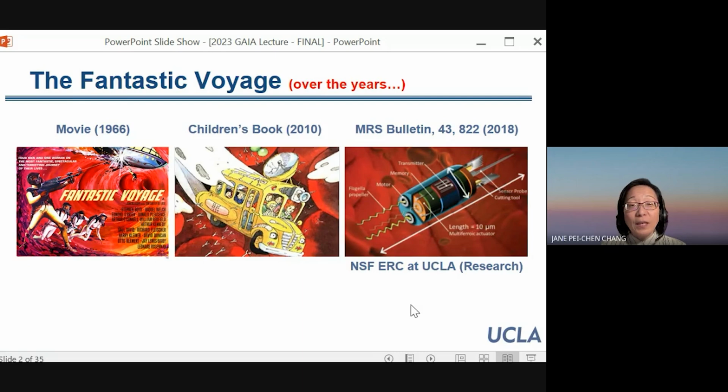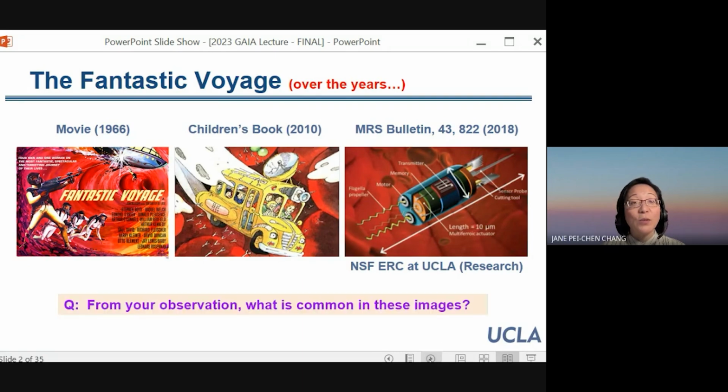So based on this slide, I would like to pose a question to the audience. Based on your observation, what is common in these images that span almost 60 years? I think the chat function may be a little bit difficult for people to use, but I am hoping that you can see that the background in these three images are very similar.